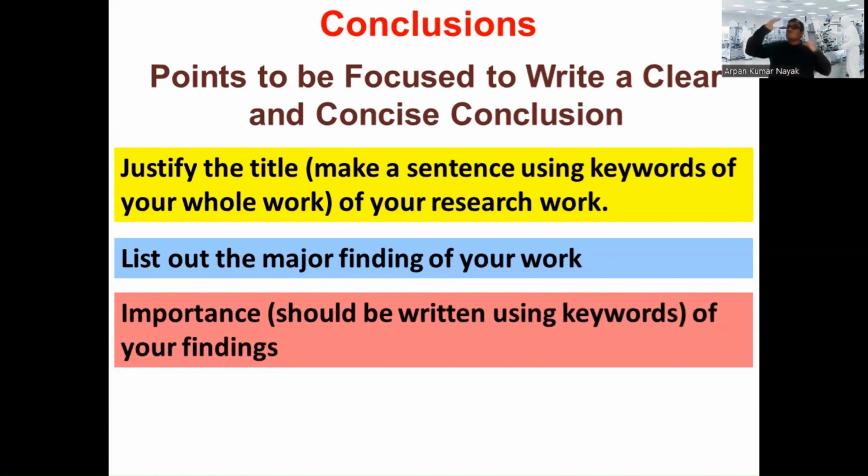From that, how your result is different from others, you mentioned in the discussion part. You should mention in the discussion section that your results differ from the literature or other works, and why. What's the reason? Those important points and keywords, you should put here.